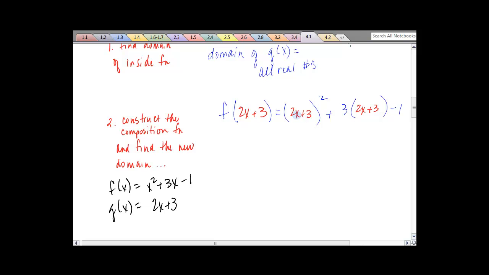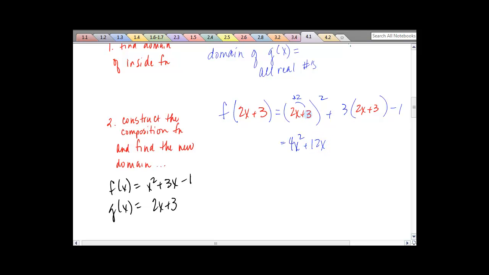Now, when I am squaring this binomial here, I can square the first term. 2x quantity squared becomes 4x squared. I can double the product, which means I'm going to multiply 2x times 3, and multiply that times 2. So 2x times 3 is 6, times 2 is 12. So I get plus 12x.